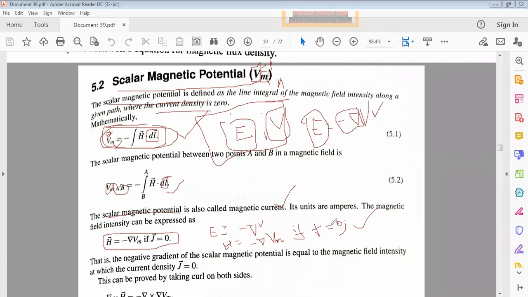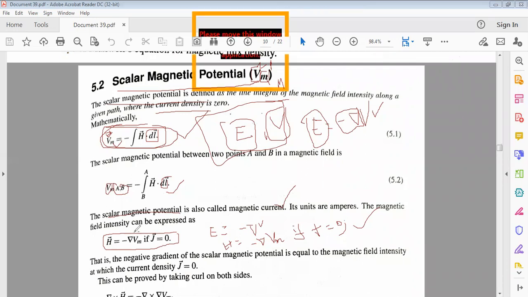The magnetic field intensity is also represented like the relation between E and V, as H equals minus del Vm. What does it mean?